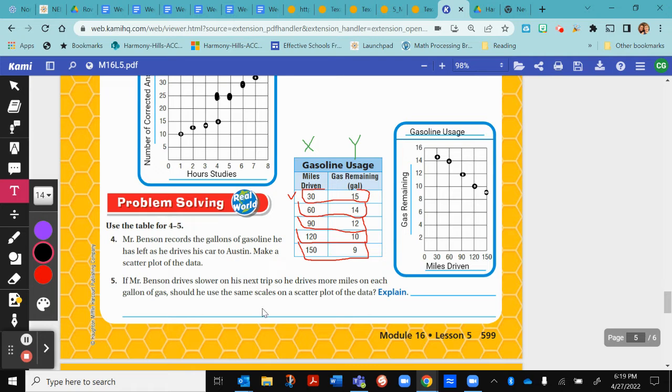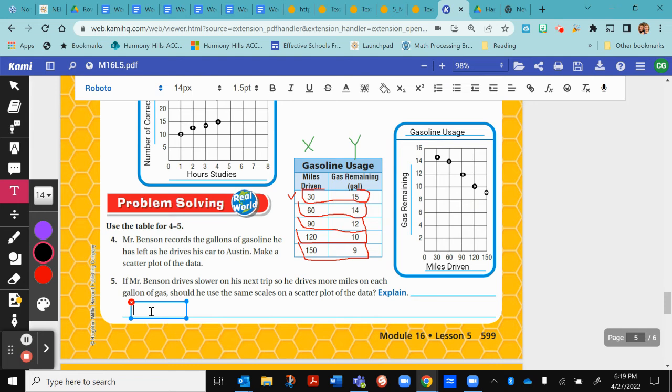If he drives slower on the next trip, so he drives more miles on each gallon of gas, should he use the same scales on the scatter plot? So if he's going to drive slower to get more miles, here we have 30, 60. Should we use that same one? No.